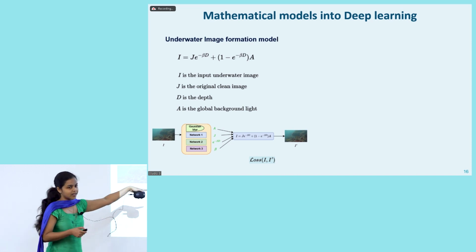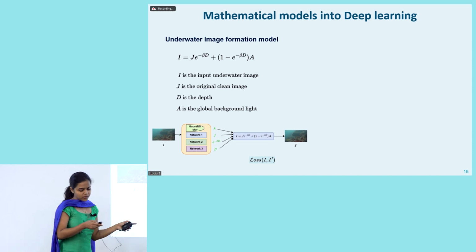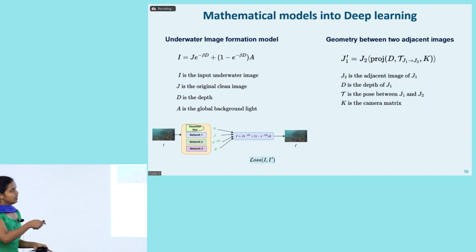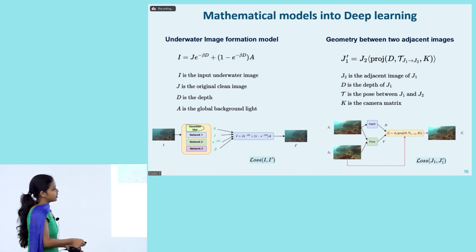But this is a loose constraint, because any combination of A, J, e raised to minus beta d can give the I back. So I have to use another constraint also, that is the geometry between 2 adjacent images. Say we have 2 images J1 and J2.